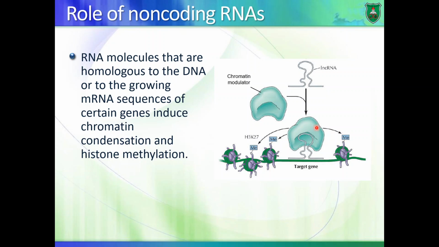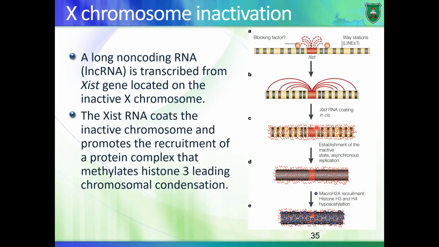Okay, so here's an example of how important non-coding RNA molecules are. We'll talk about X chromosome inactivation as an example. So what is X chromosome inactivation? Now, we know that females have two X chromosomes, right? XX. Males have only one X chromosome. So in this case, females would have double the number of genes versus males.